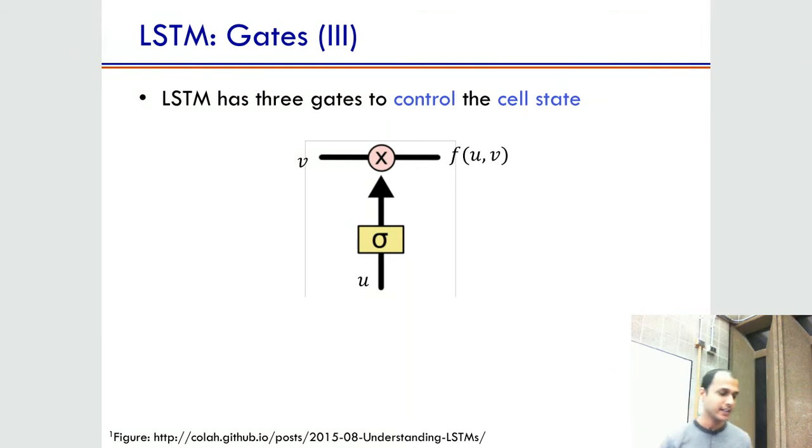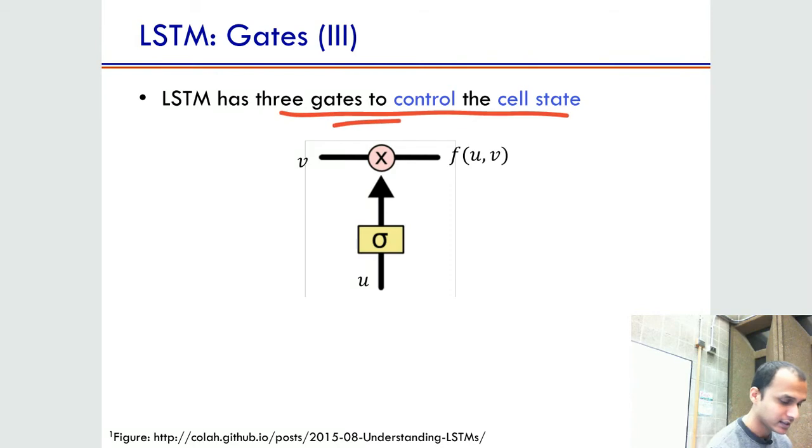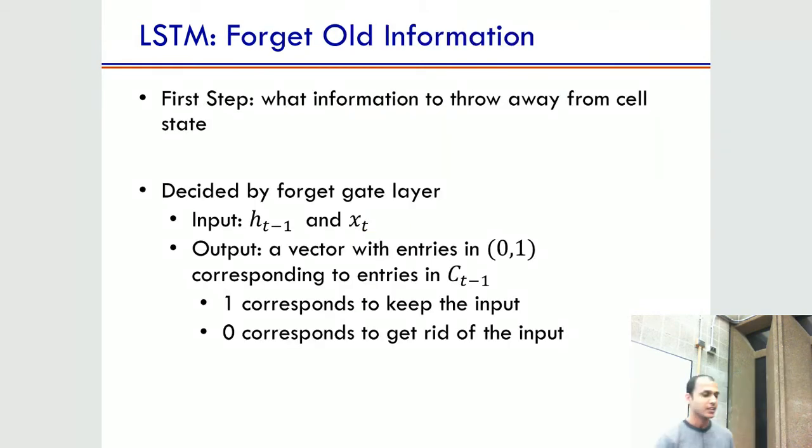That's the notion of a gate. There are going to be several gates, in particular 3, and the first part of that LSTM is going to be to forget old information. We have the cell state ct minus 1.